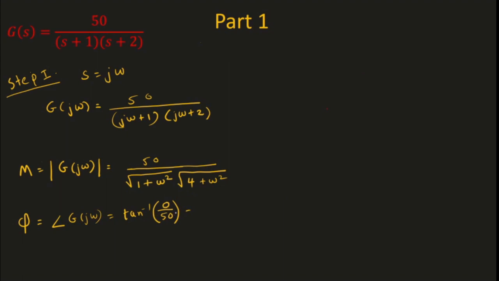For the denominator, we take a minus sign, that is minus tan inverse of imaginary part omega upon real part 1, minus tan inverse of imaginary part omega upon real part 2. So tan inverse of 0 by 50 is equal to 0, so this particular part will vanish, and we are left with minus tan inverse of omega minus tan inverse of omega by 2.